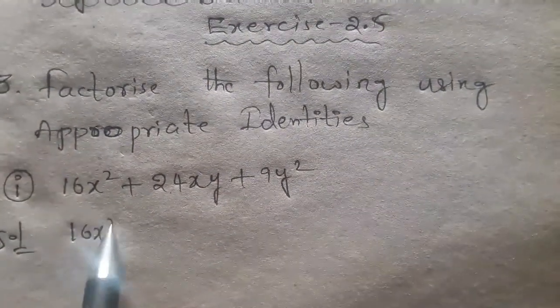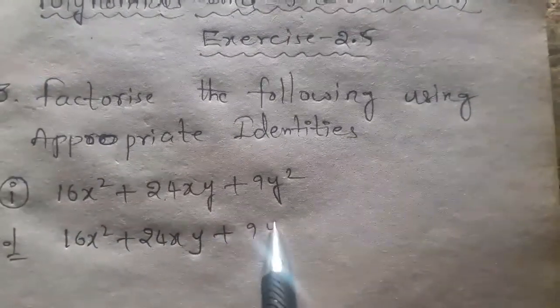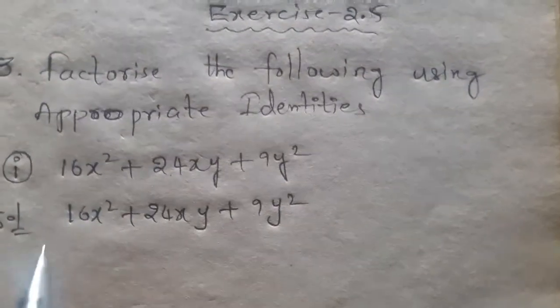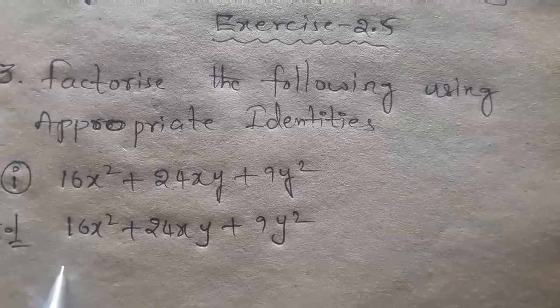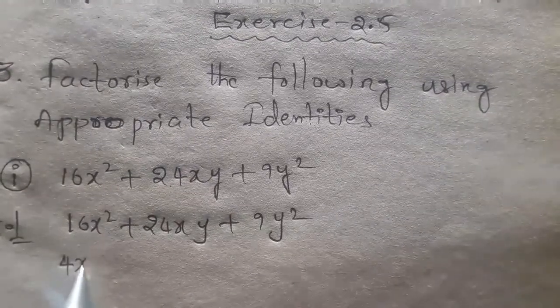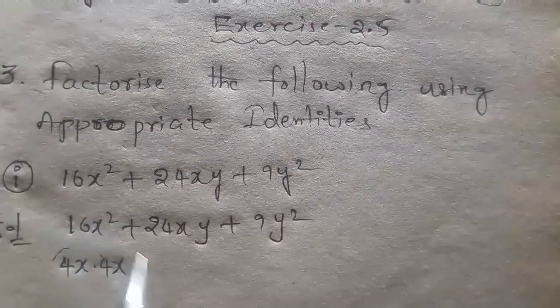What is given? 16x square plus 24xy plus 9y square is given, isn't it? See here, observe this. 16 means this is 4x into 4x. 4 4s are 16, x into x is x square.